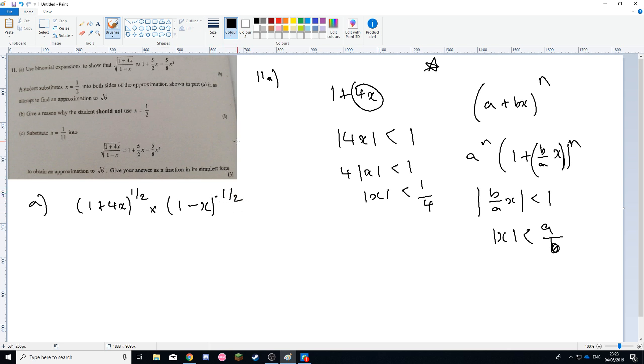Now, one key thing to know is that the highest power is x squared. So that means for each of these brackets, I don't have to go up to x cubed. Now, you might ask yourself, do I have to go up to x squared for each of these brackets? Like, if I have 1, x and x squared, do I have to have this x squared term? You might think maybe not, because you work out something with an x term, and then the x here and the x here combine to give you an x squared.